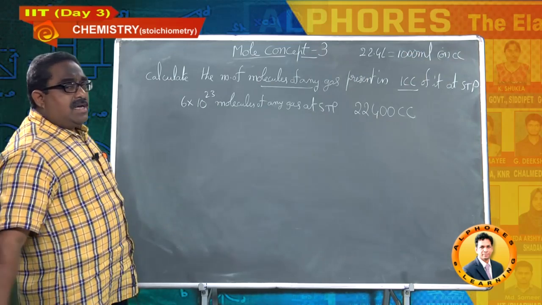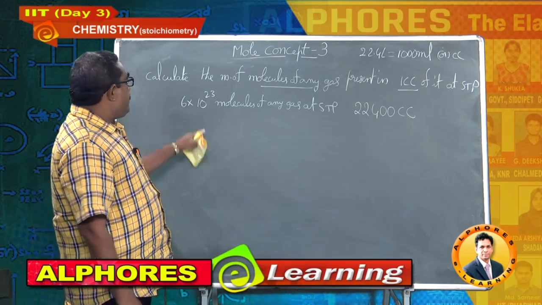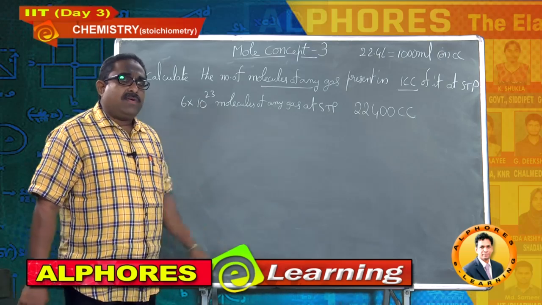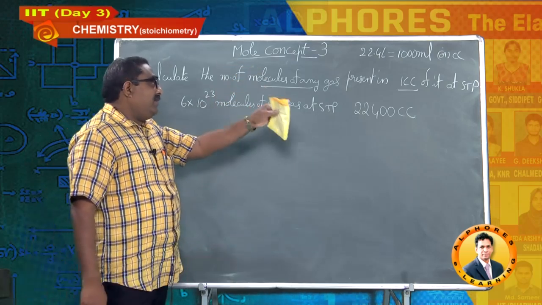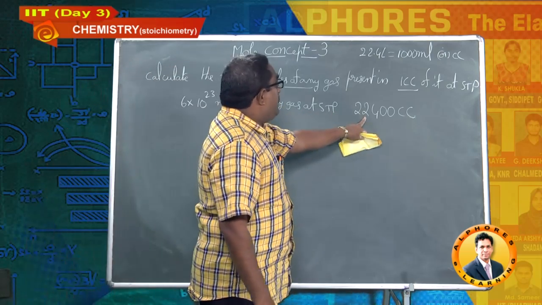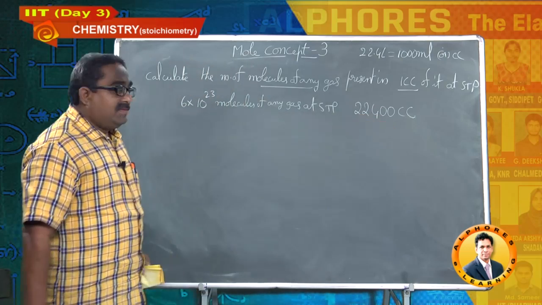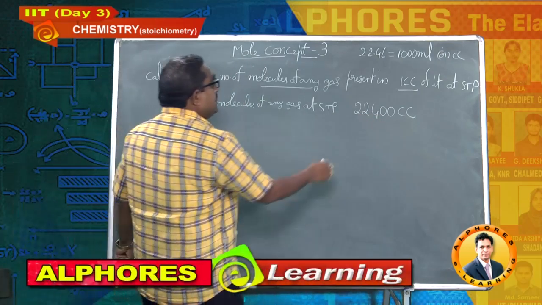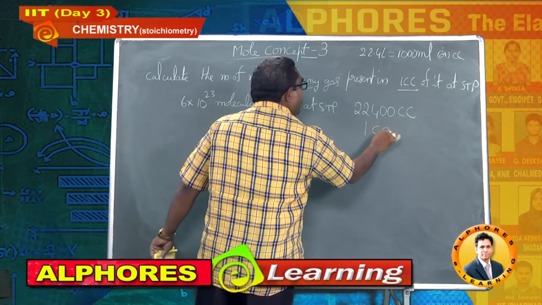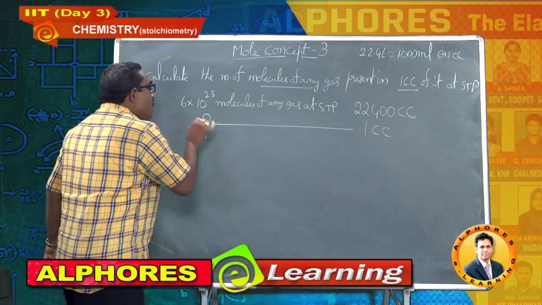So, as per the concept of GMV, 6 into 10 power 23 molecules of any gas occupy this much volume at STP. Then he is asking you to calculate the number of molecules present in 1 cc.